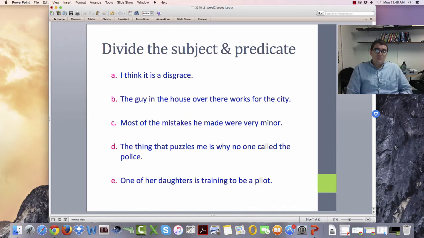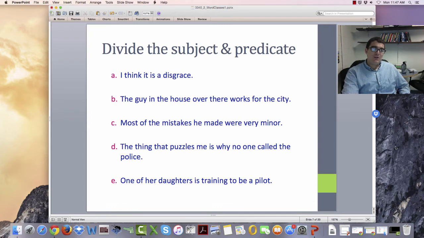Most of the mistakes he made were very minor. Again, replaced with a pronoun, they were minor. So the main verb is were. They were very minor. So we divide the subject and predicate between made and were. The thing that puzzles me is why no one called the police.